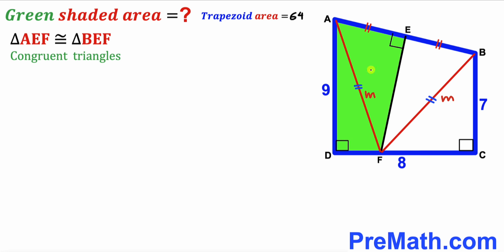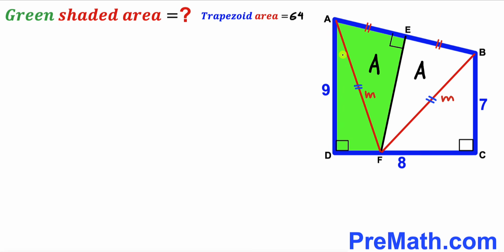If I label this area as uppercase A, then the area of this triangle is uppercase A as well. Likewise, let's focus on this triangle ADF. I'm going to label this area as A1, and the area of this triangle BCF is going to be A2.